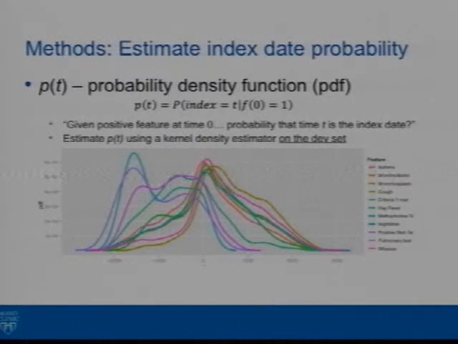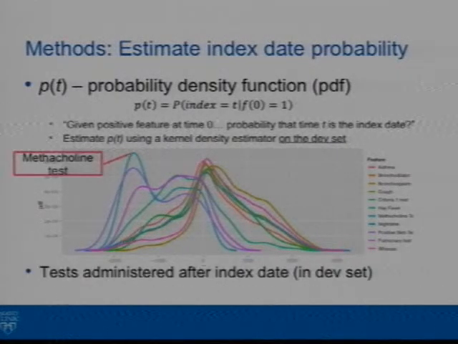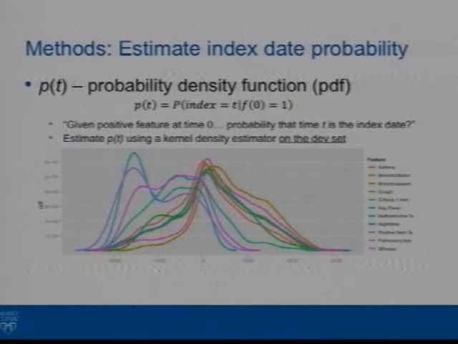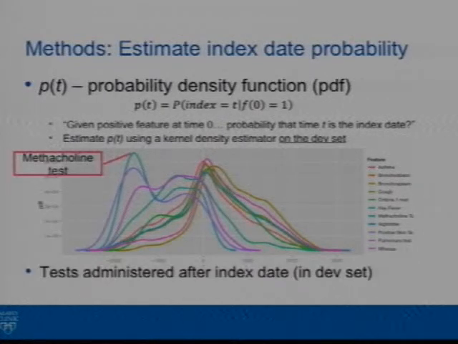But if you look at this chart here, basically time 0 is when you observed a feature. So let's say you observed a feature of a methacholine test at time 0, and you move back some number of days and ask, could the index date for asthma have been on this day?